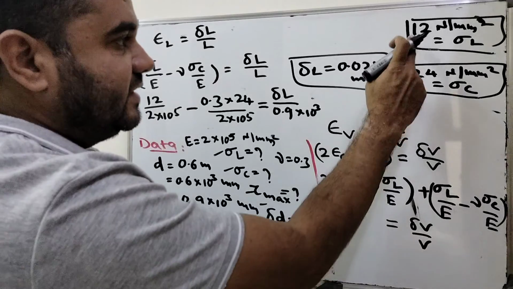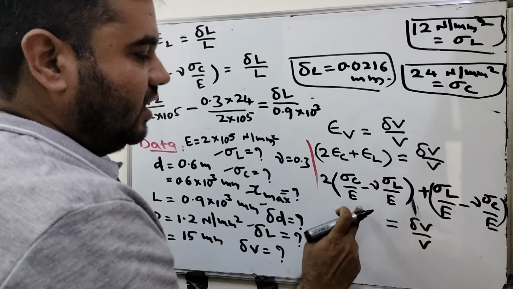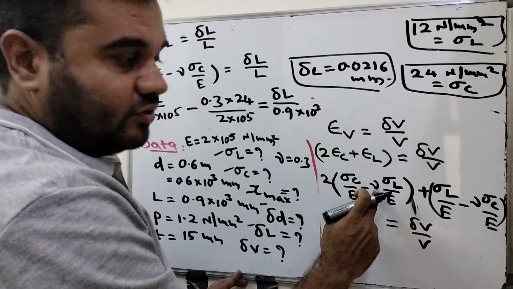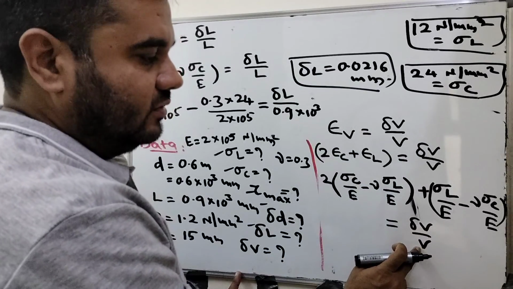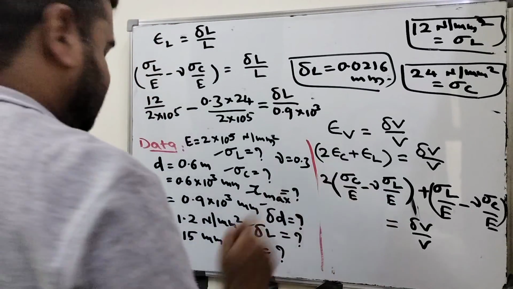Now we know the circumferential stress, the longitudinal stress, E, the Poisson's ratio, and the volume also. Substitute and calculate the change in volume.